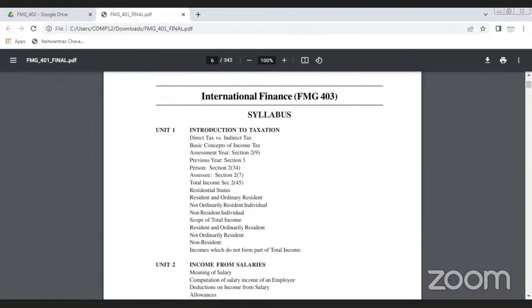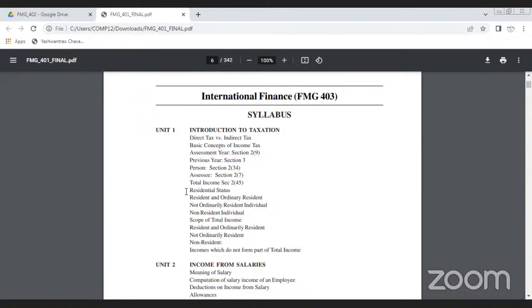In our syllabus, international finance, the introduction of taxation. In that, direct tax, indirect tax, basic concept of income tax. After that, the definitions like assessment year, previous year, person, assessee, total income, residential status, residential and other residency.